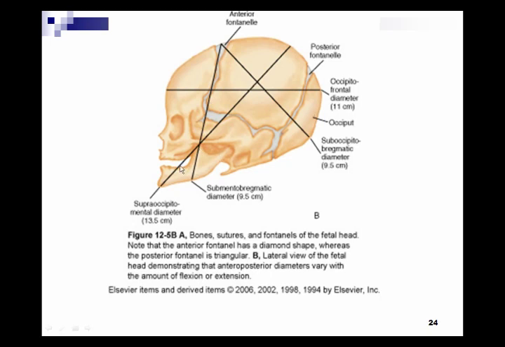And last, we have the face presentation. These babies are always born, if they're delivered this way, very bruised, because of all the pressure on the cervix, and that is 9.5. But the difference is, even though we dropped a little on one side, there is absolutely no way we can have overlapping of sutures here to help accommodate.